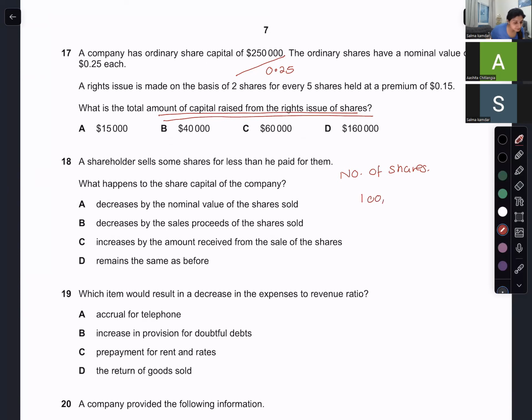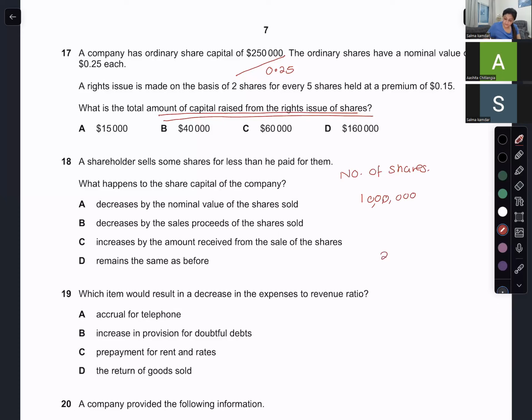Are you sure? Yeah, I divided it. 1 million. Sorry, there are 6 zeros. It's 1 million, okay?